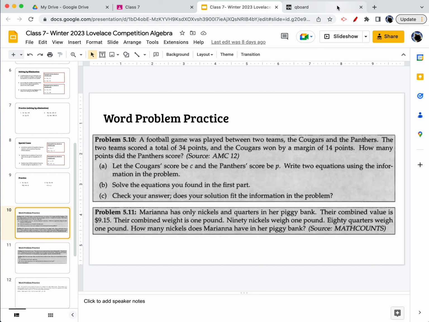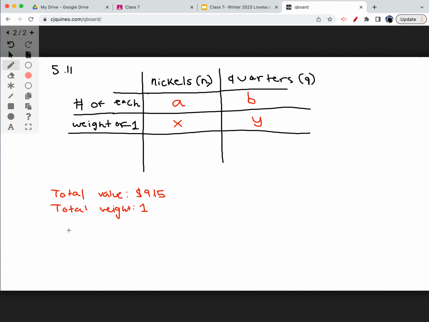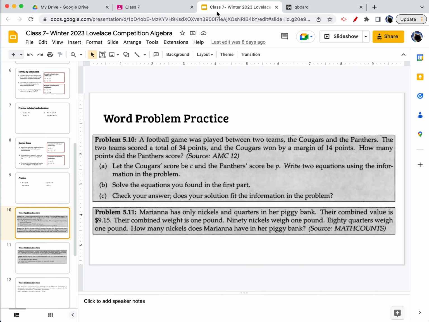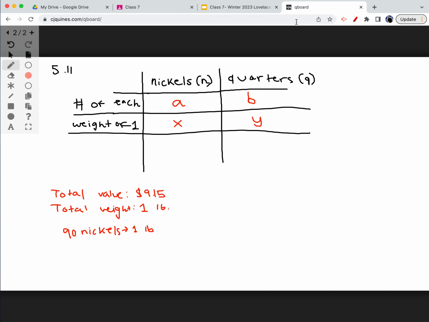Then it says that 90 nickels weigh 1 pound and 80 quarters weigh 1 pound. So 90 nickels weigh 1 pound and 80 quarters also weigh 1 pound.